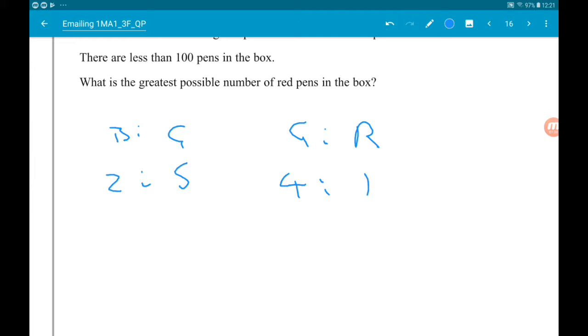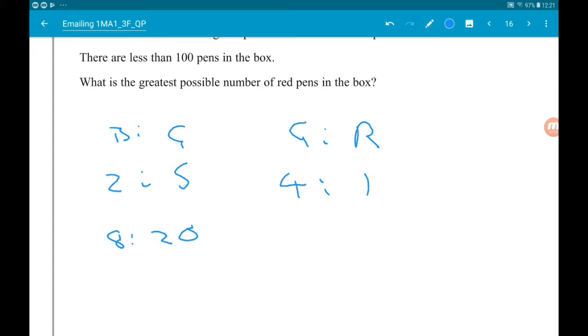Now what we need to do is turn that part of each ratio into the same number. So, the first thing that 5 and 4 both go into is 20. So the ratio on the left is going to be multiplied by 4. So that's now going to be 8 to 20. And on the right, we need to multiply it by 5.